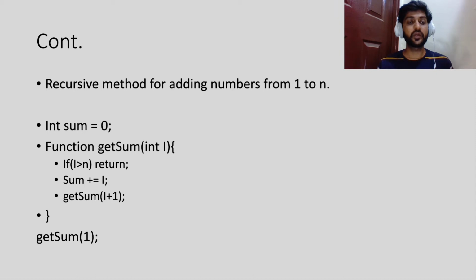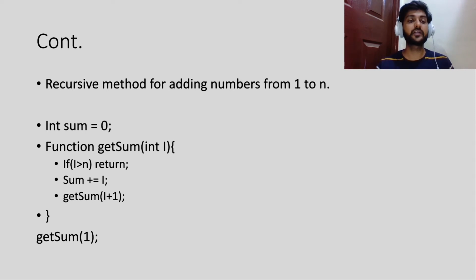The base case is very important. If you do not write the base case, it will be an infinite loop, because in a recursive function, a function calls itself. So you will keep calling and it will never end, right? So the base case is very important to stop it at some point.